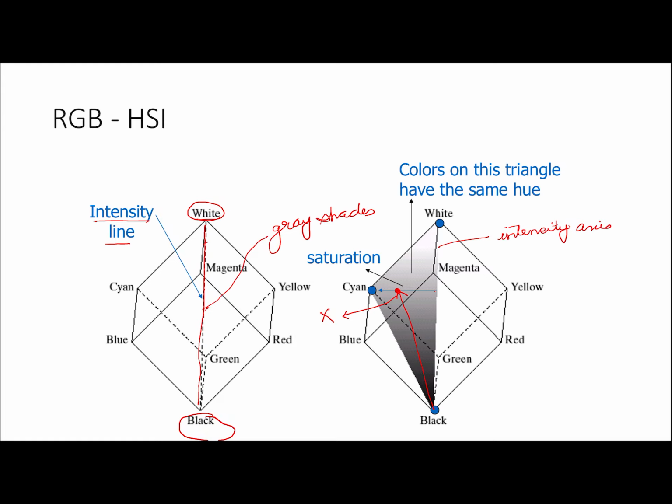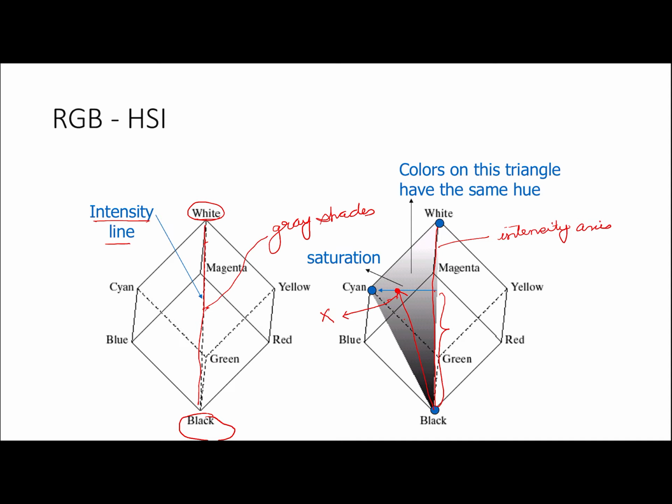The intensity component associated with this RGB value is nothing but the projection of this vector on the intensity axis. The length of this projection tells us the intensity component associated with this RGB specified color point.